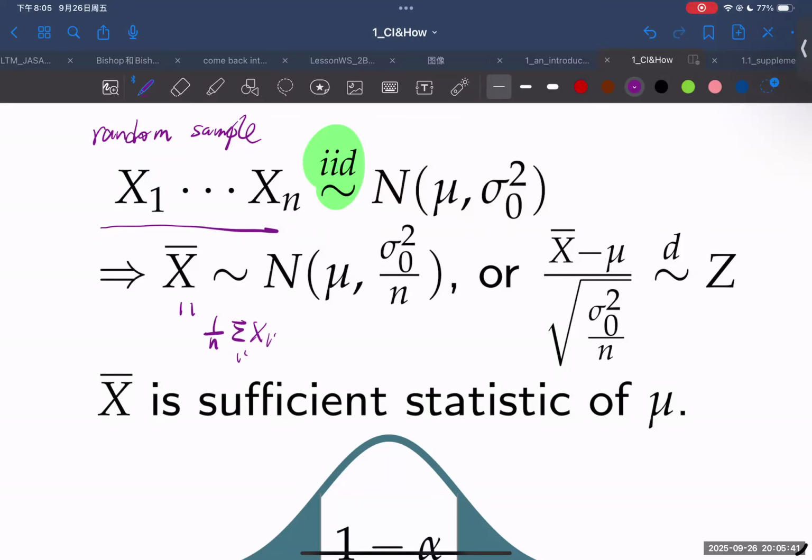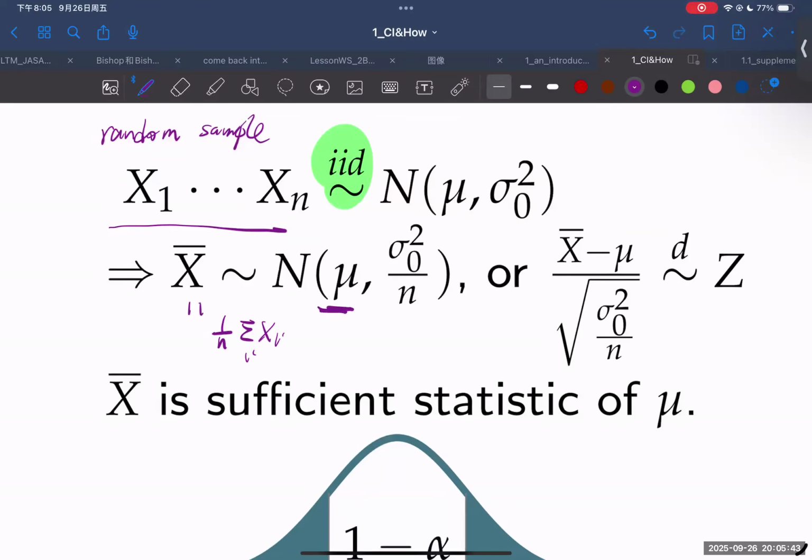What's the advantage? You can see the mean value, the central tendency, is the same, but the variation is shrunk by a divisor, n.